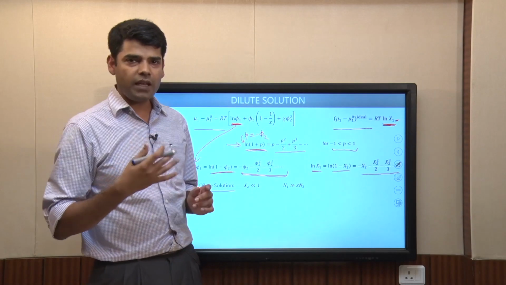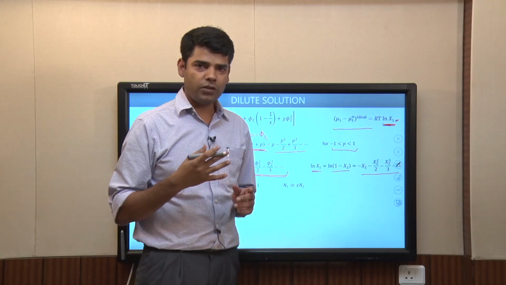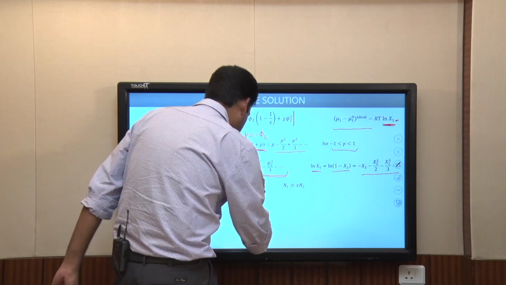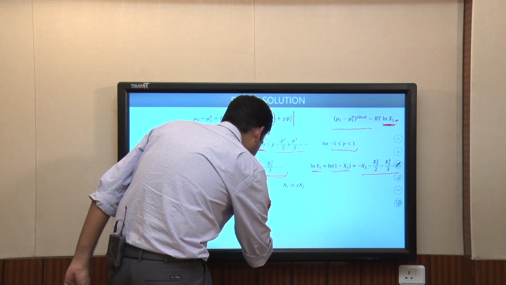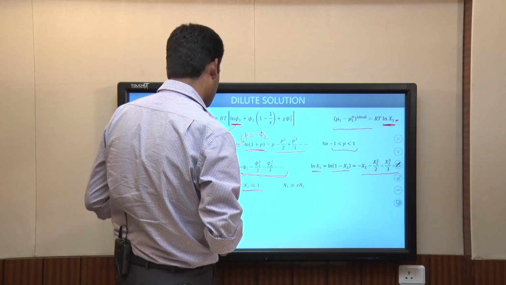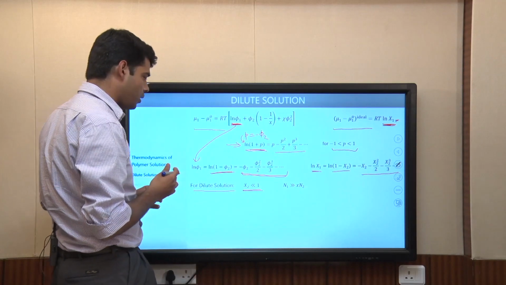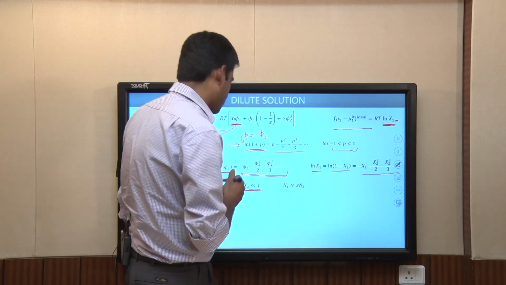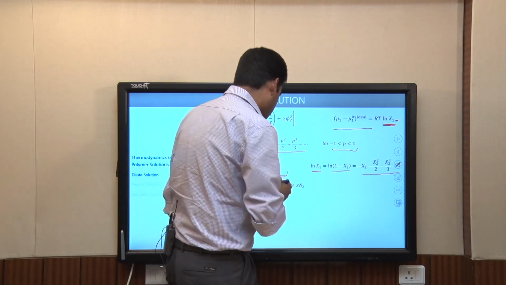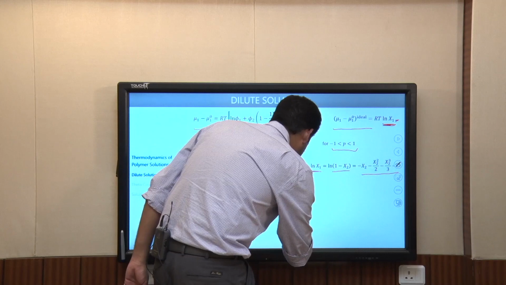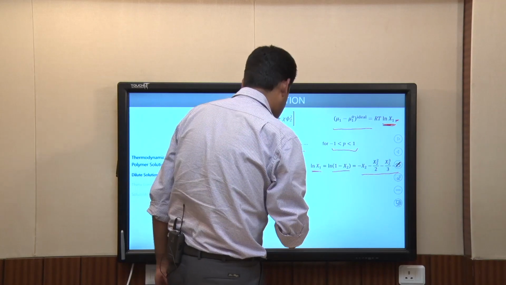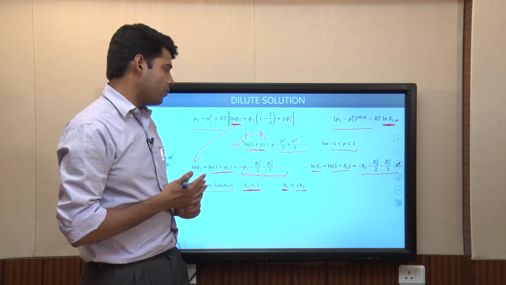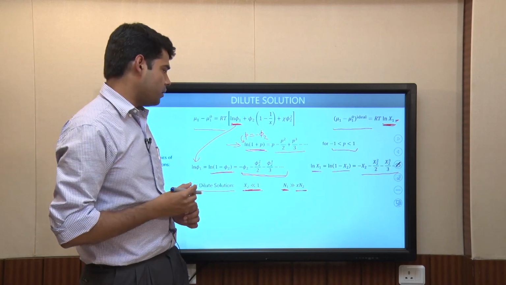So, next let us apply the condition that the solution is very dilute. For a very dilute solution, the mole fraction of the solute, or the polymer, X2, will be much less than 1, and also the number of molecules N1 of the solvent will be much larger than the number of segments of polymers present.